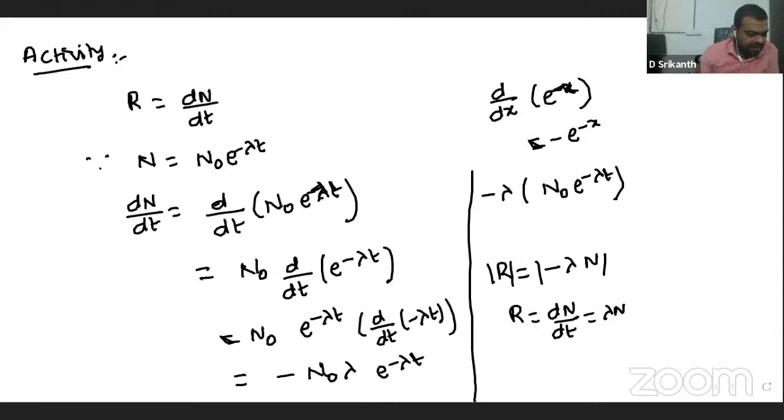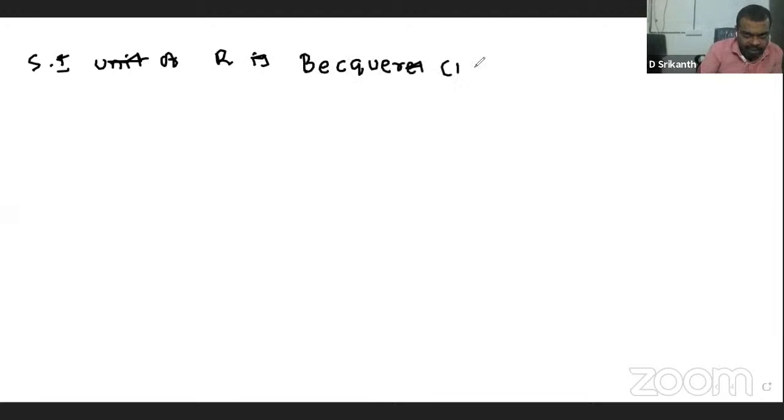The SI unit of activity is the becquerel, symbol Bq.